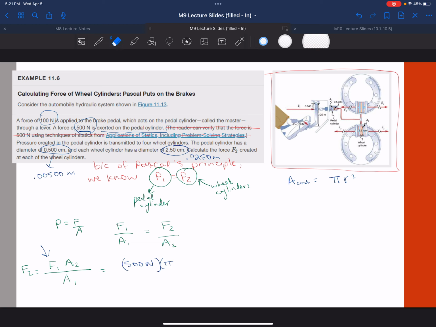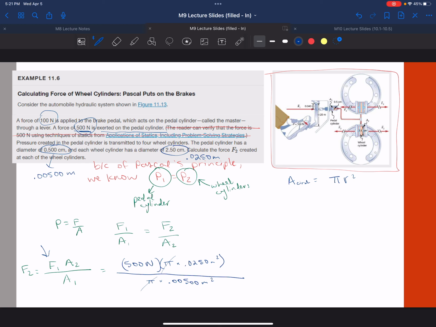So pi and then r squared. So A2 is the wheel cylinder. And the wheel cylinder had a diameter of, so that's times 0.0250 meters, and that's squared because that's pi r squared, and that's divided by A1, which is the pedal cylinder, and that's going to be pi times r squared again, 0.00500 meters squared.